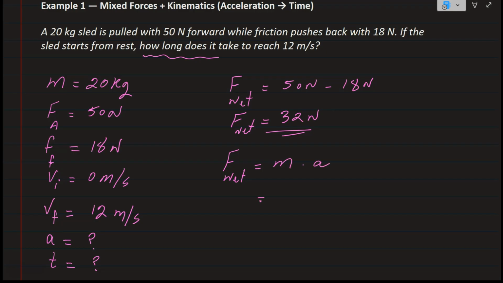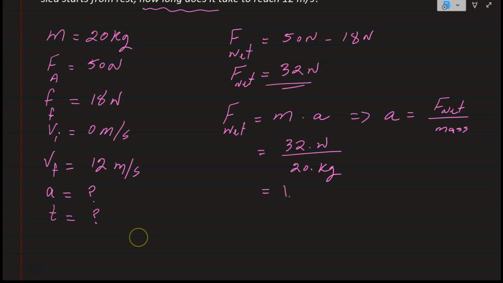Now we can solve for acceleration: 32 Newton on top divided by the mass, which is 20 kg. And you get 1.6 meters per second squared. That's your acceleration of the system.